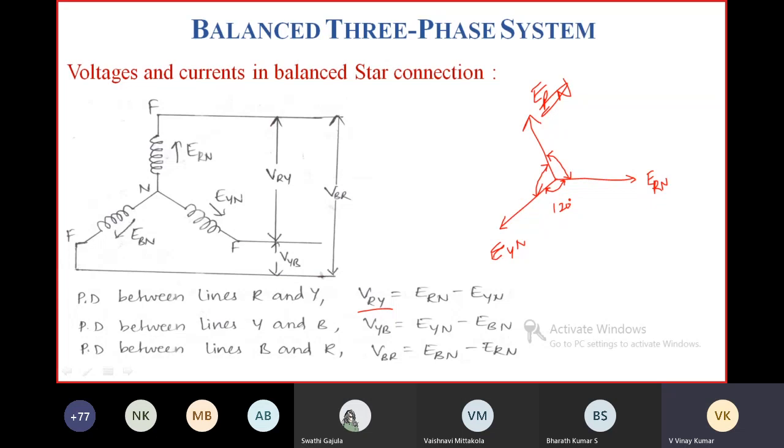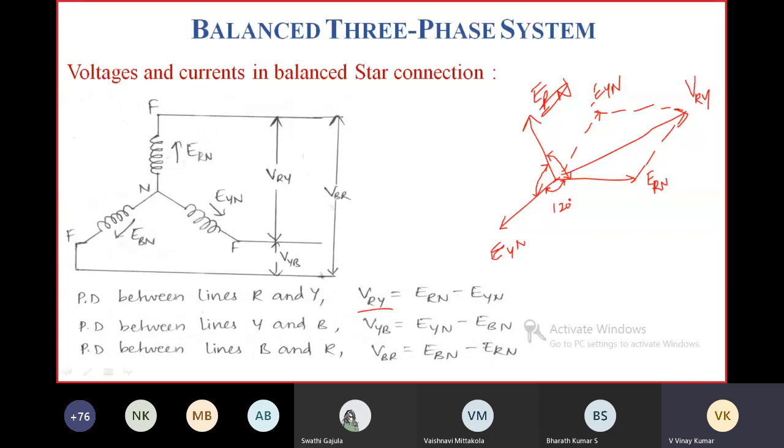So this is EYN, and this will be minus EYN. The phasor sum of these two voltages will be VRY.